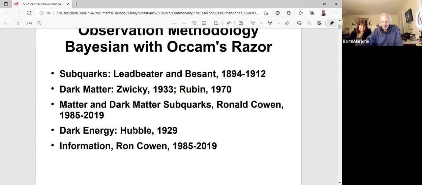And so it goes. And then the key thing is what Ron discovered, which was the role of information and how information controls everything, all of the forces, all of the particles. By the way, I just added these dates. It looks like Ron started really doing these observations in 1985, right up till when he passed on. So I just put that in.